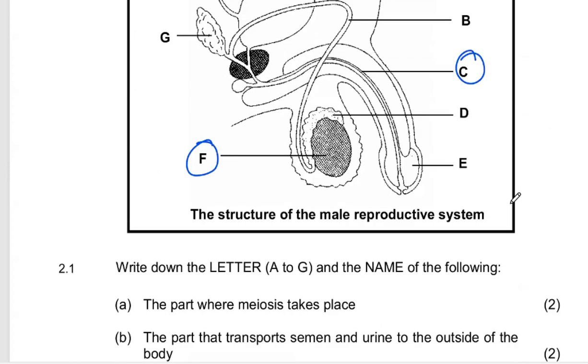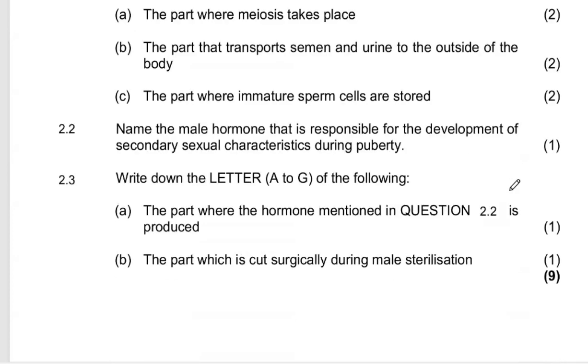You must know how to write it. Next, name the male hormone responsible for development of secondary sexual characteristics during puberty. We say this is testosterone.